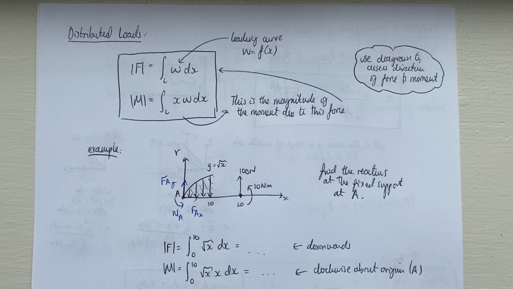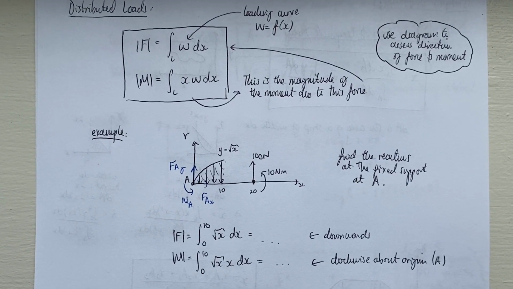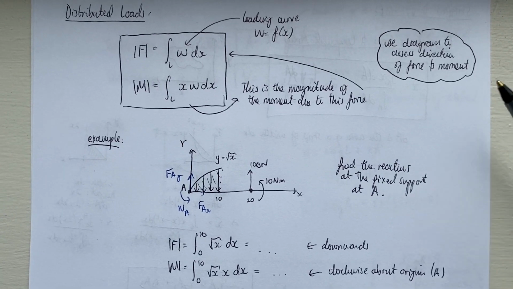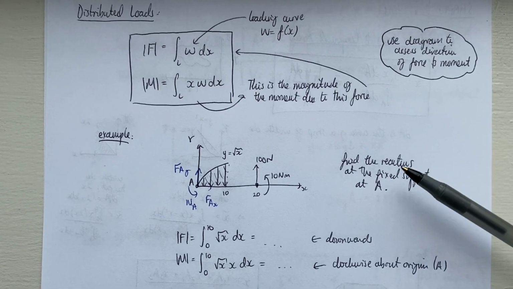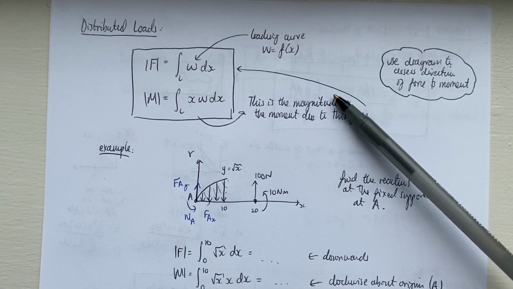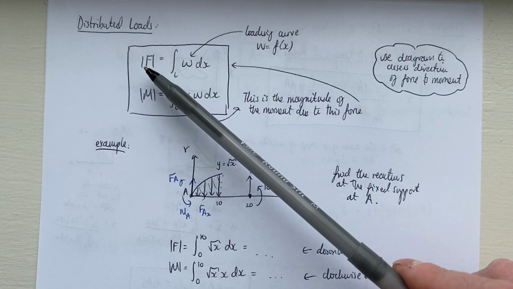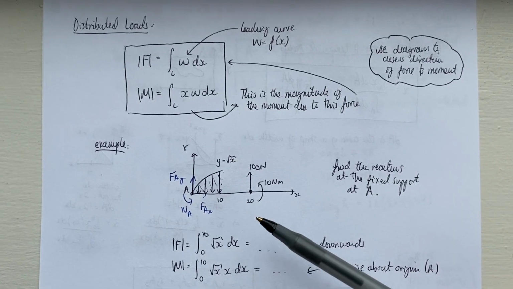Obviously the lift was acting upwards, so we had a positive force in the y direction for F, and then we would have had a counterclockwise moment about the wing root. So just be aware that these will always be positive, so you need to assess on the original diagram which way they're acting.